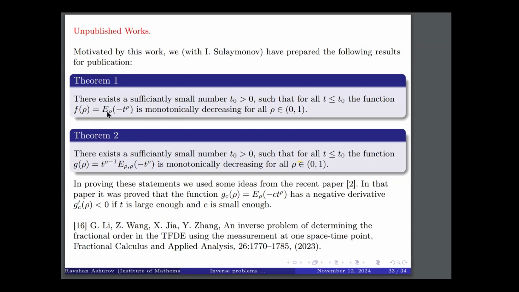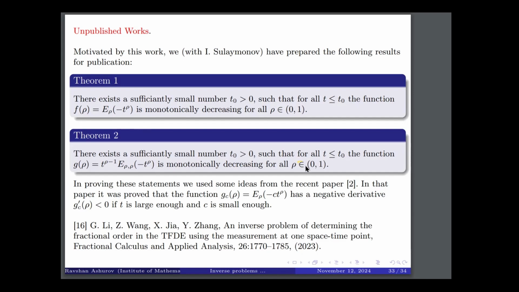The first theorem is about these functions. You see here, if t is sufficiently small, this is still a monotonically decreasing function for all rho. And when you consider the Caputo derivative in the solution, you have this function. But when you consider the Riemann-Liouville derivative in the solution, you have this function. And we also proved that if t is sufficiently small, then this function is monotonically decreasing.